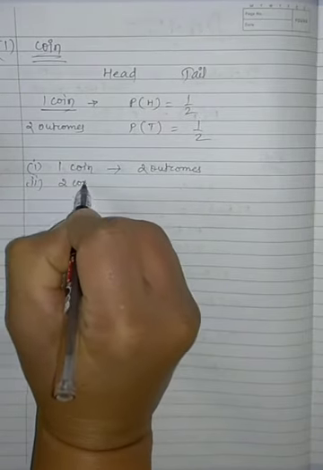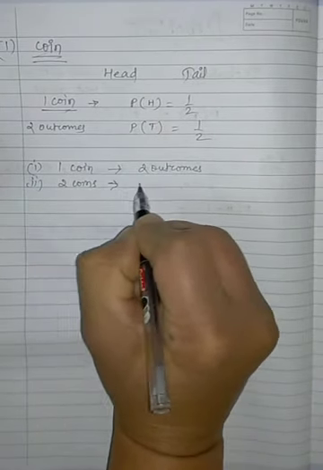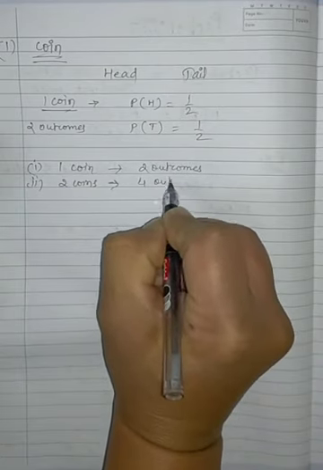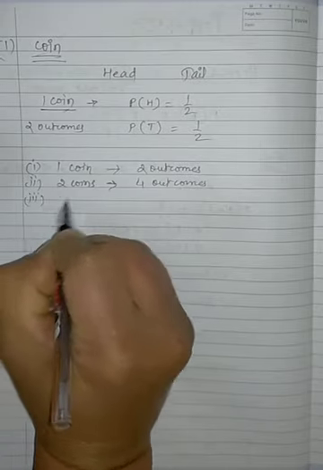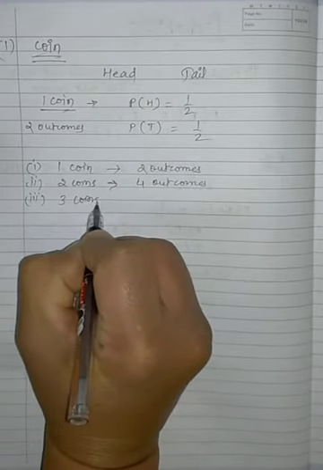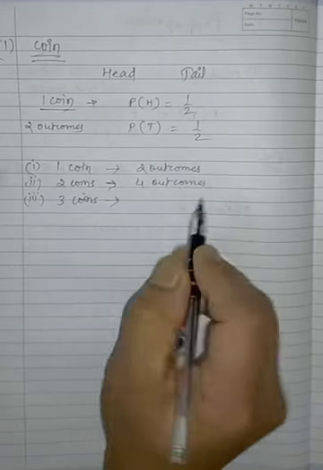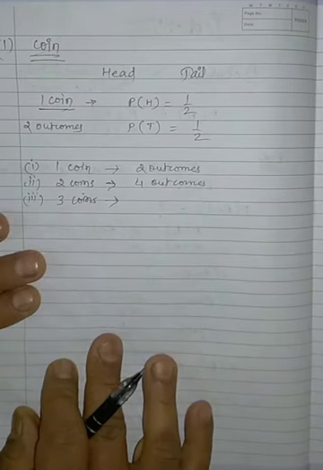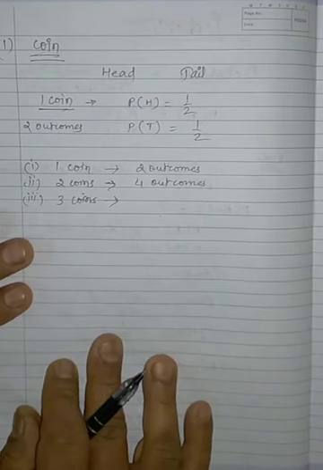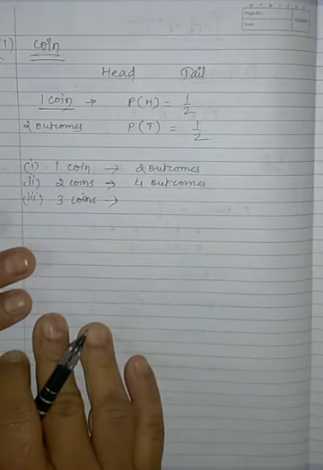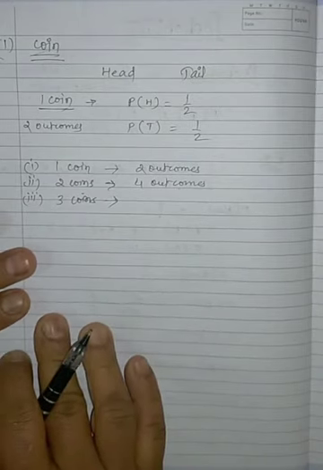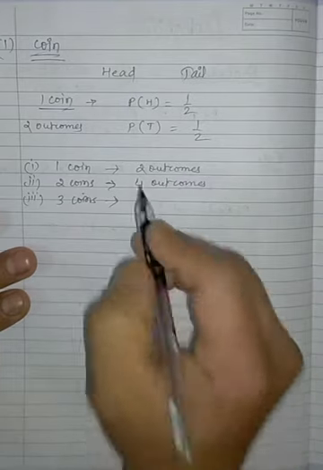For two coins we have four outcomes. For three coins, can you guess how many outcomes will be there? Do you think it is 6 outcomes? If you think it is 6 outcomes, then you are wrong. It is 8 outcomes.